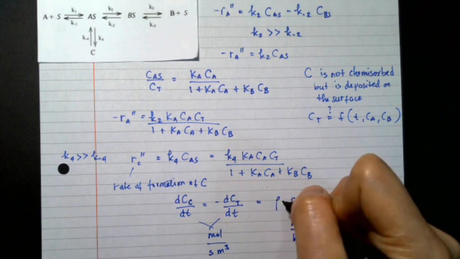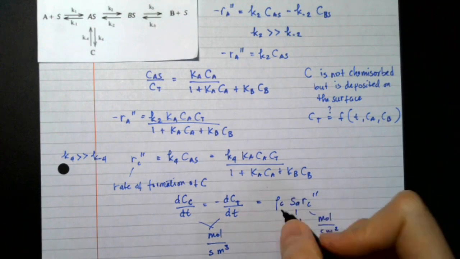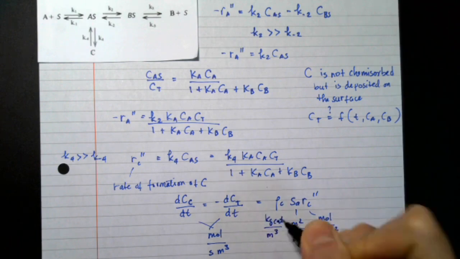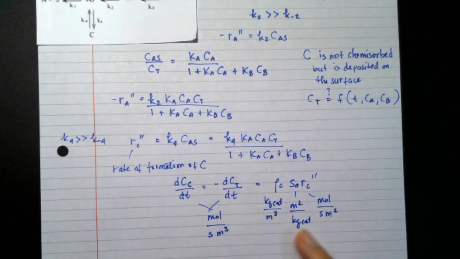And then we need to multiply this by the catalyst density, whose units are kilogram catalyst per cubic meter of catalyst pellet. So the units of this whole term are mole per second per m cubed, which is consistent with the units of these terms.